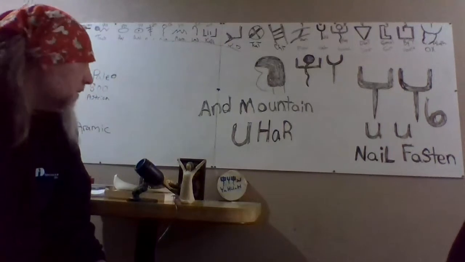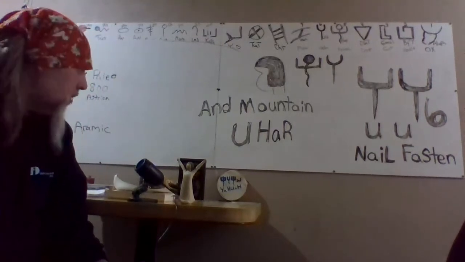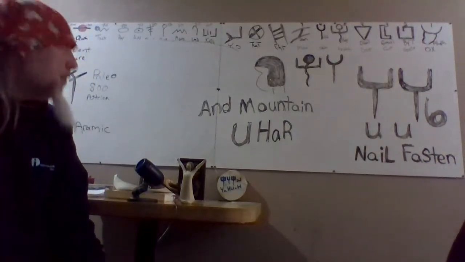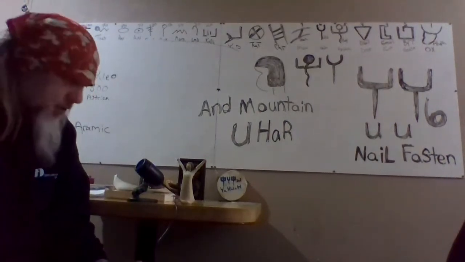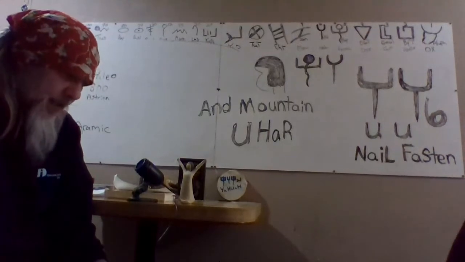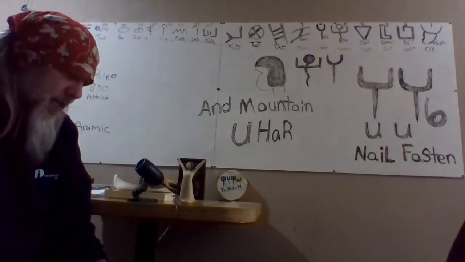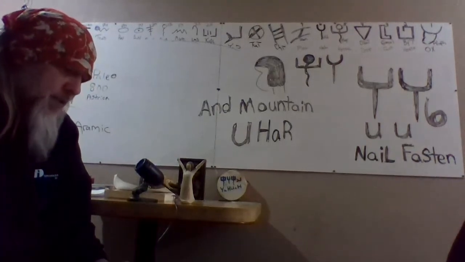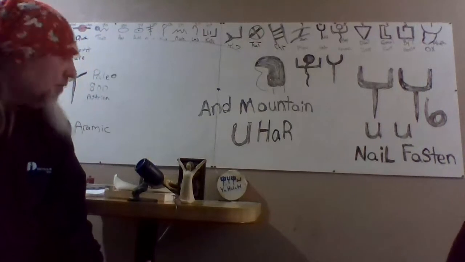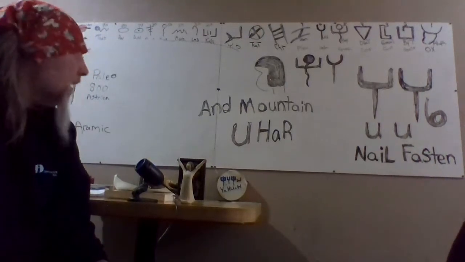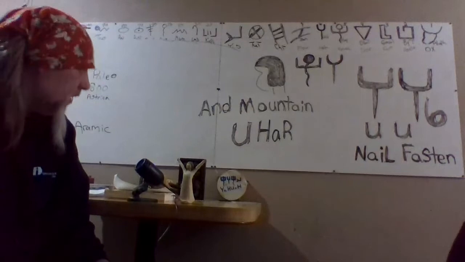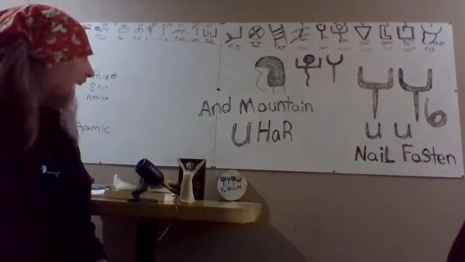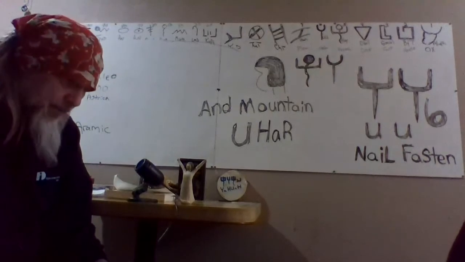I will go into some of this description in the scriptures about the double nails, the double U's, being the word hook in a minute. It says a nail or a hook as used for attaching one thing to another. The short form U is used as a prefix meaning add, or the word and.